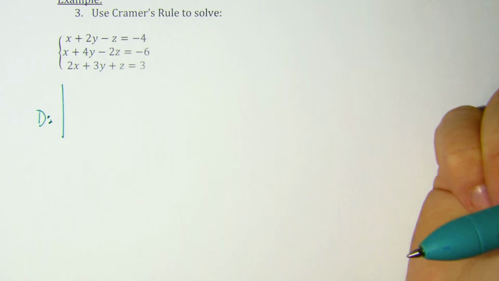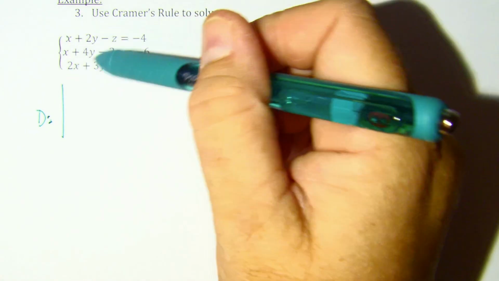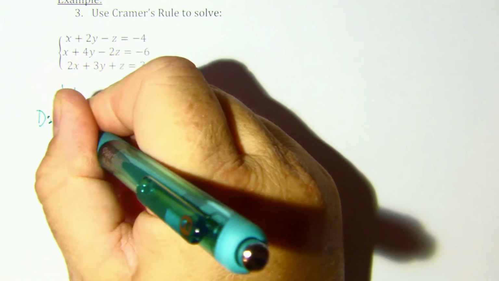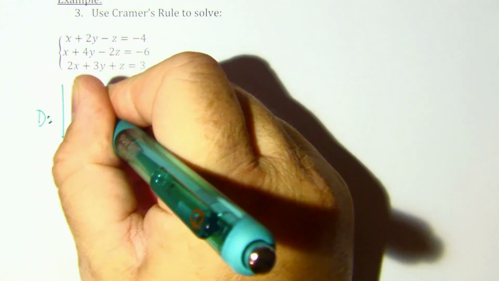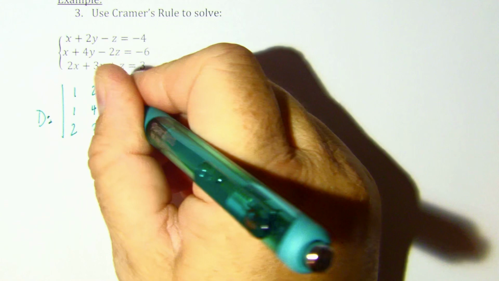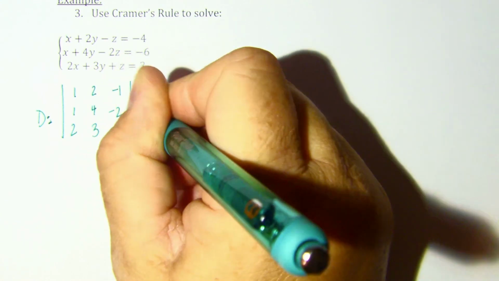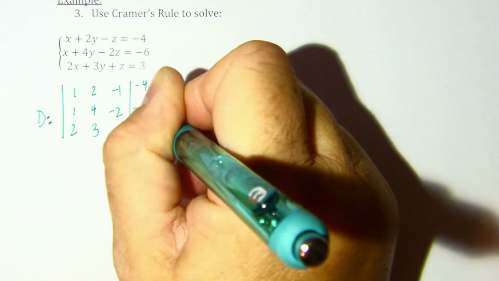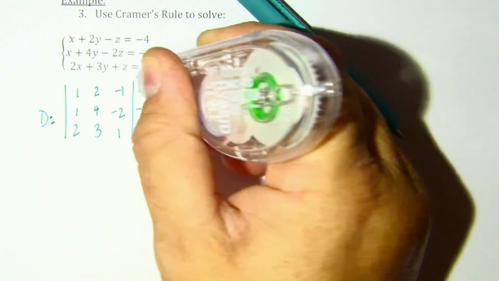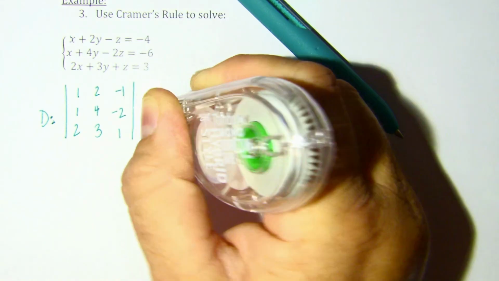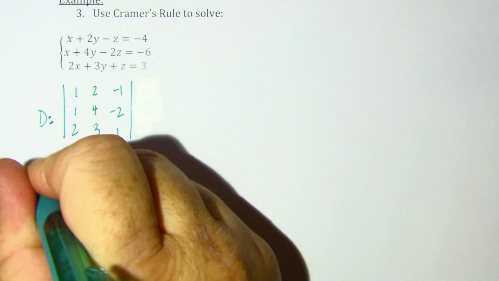So the main determinant is the coefficients of x, y, and z. And I shouldn't have written that last part. It's just the x's, y's, and z's.